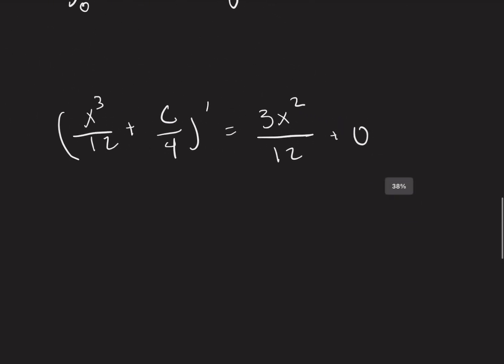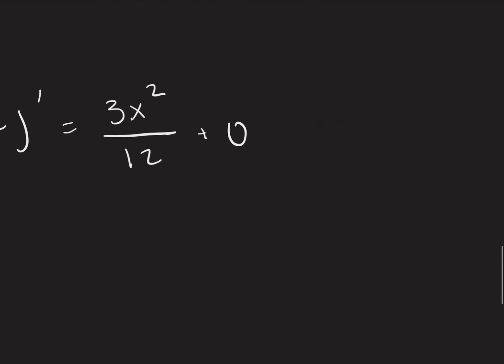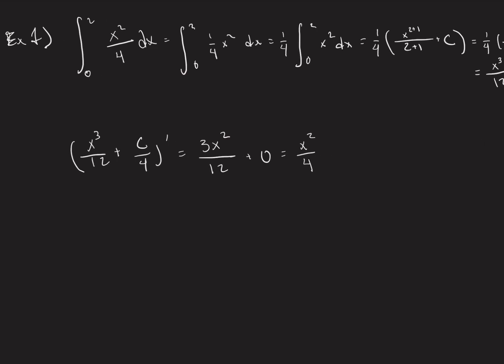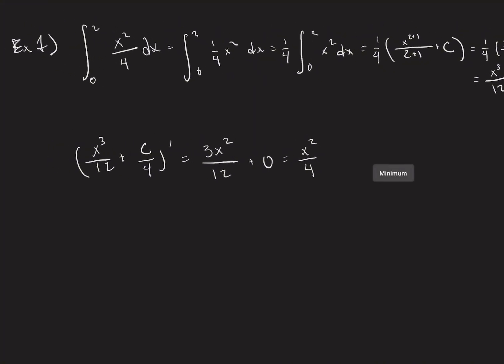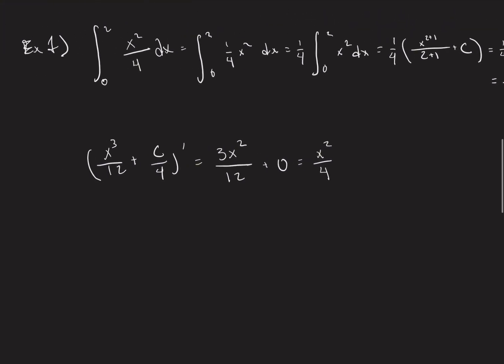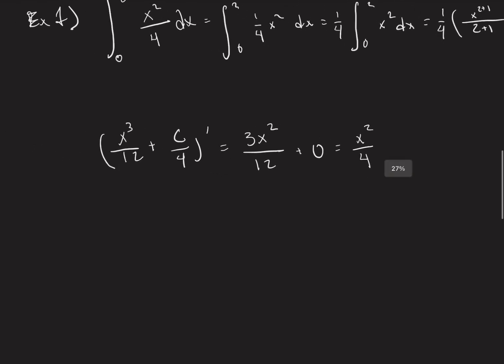And when we simplify this, it'll be obviously x squared divided by 4. And there you go. That means that we did the antiderivative right, and that's also a different way of checking.